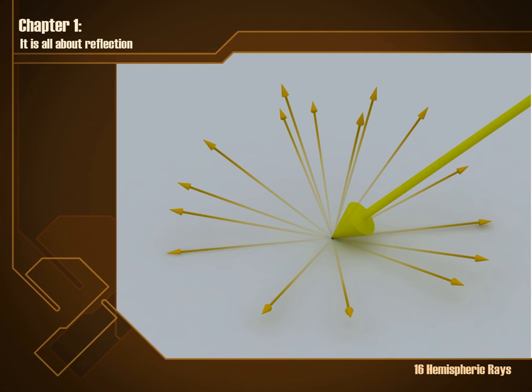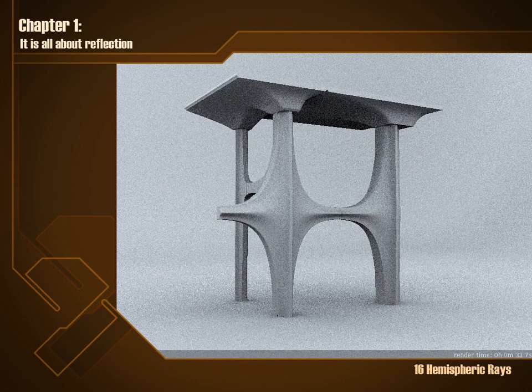And so now let's take a reflection model, and we're going to reflect 16 hemispheric rays off a surface, and that's going to give us our diffuse reflection. Let's look at this particular scene here. Now, what's going on is that a ray comes in and reflects back, and we're going to talk about ambient occlusion a little bit, but this is basically an ambient occlusion model.